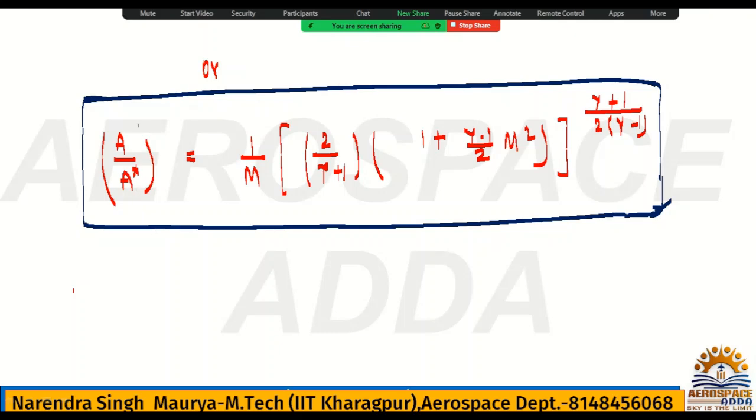Wherever the area A is, there the flow Mach number will be M. Okay, I can show you what is the meaning of it. Check, this is the nozzle.